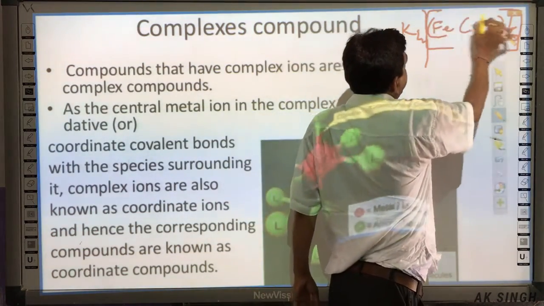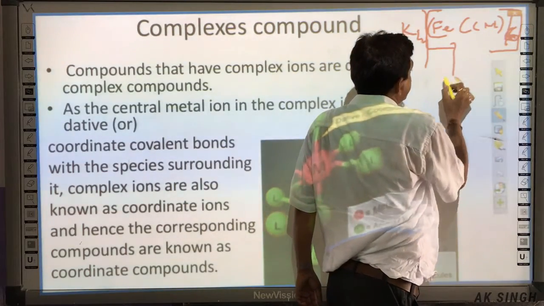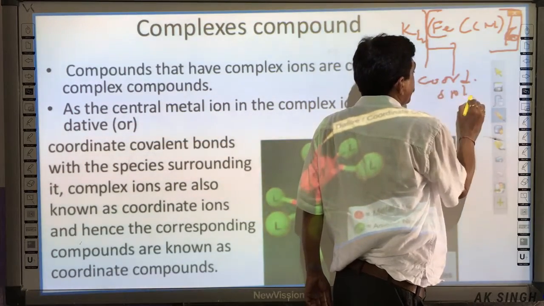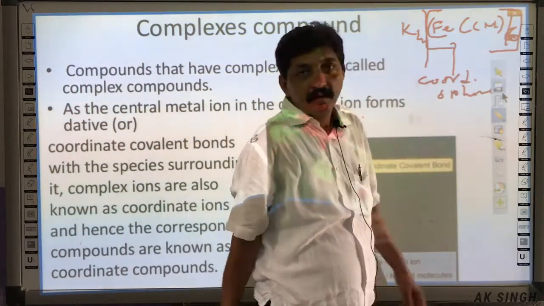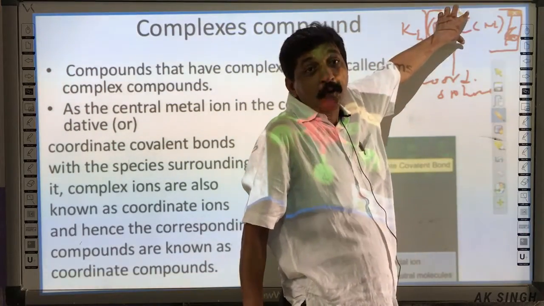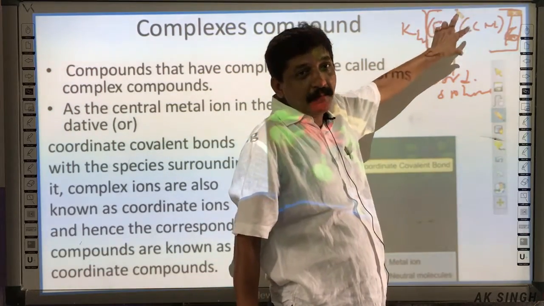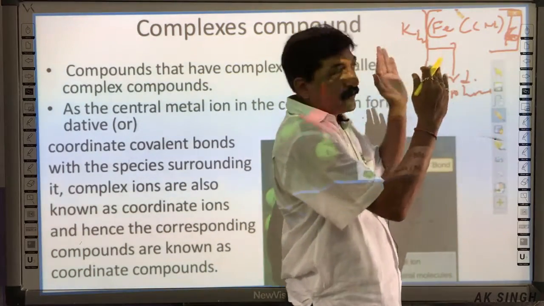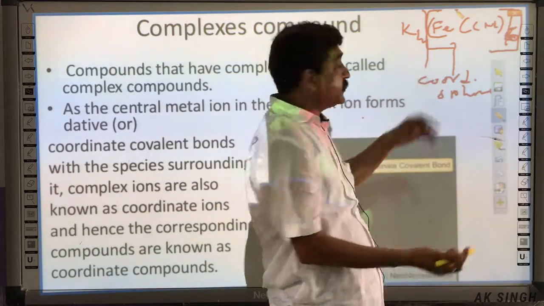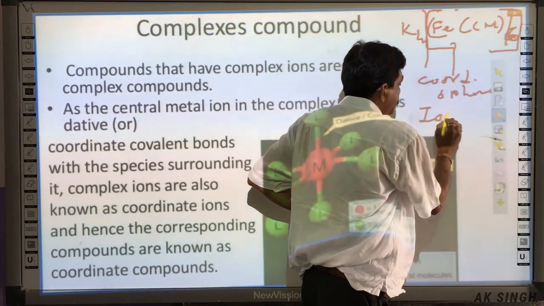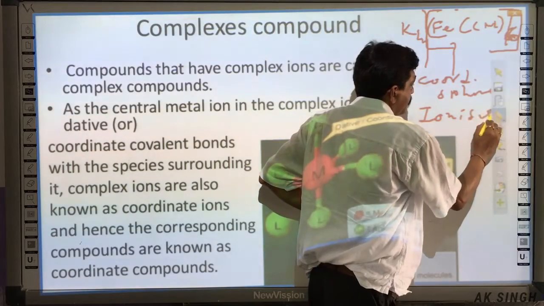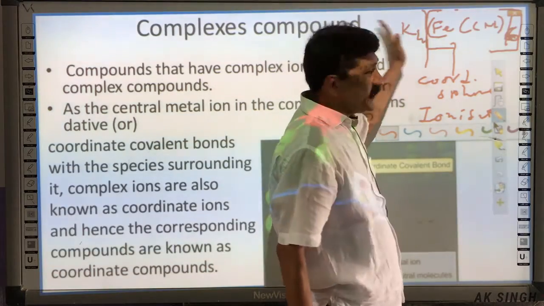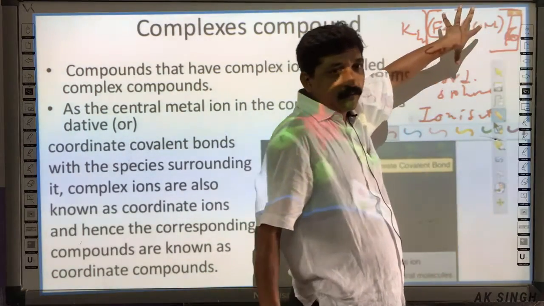So from this bracket to this bracket, this area is called the coordination sphere, where the coordination complex is present, and beyond the bigger bracket, right side or left side, that is called the ionization sphere. Ionization sphere and the coordination sphere.